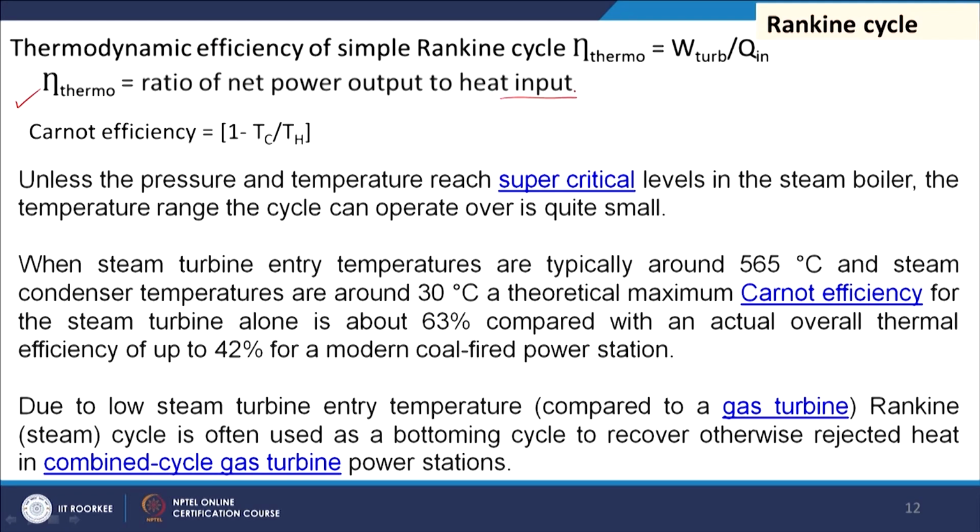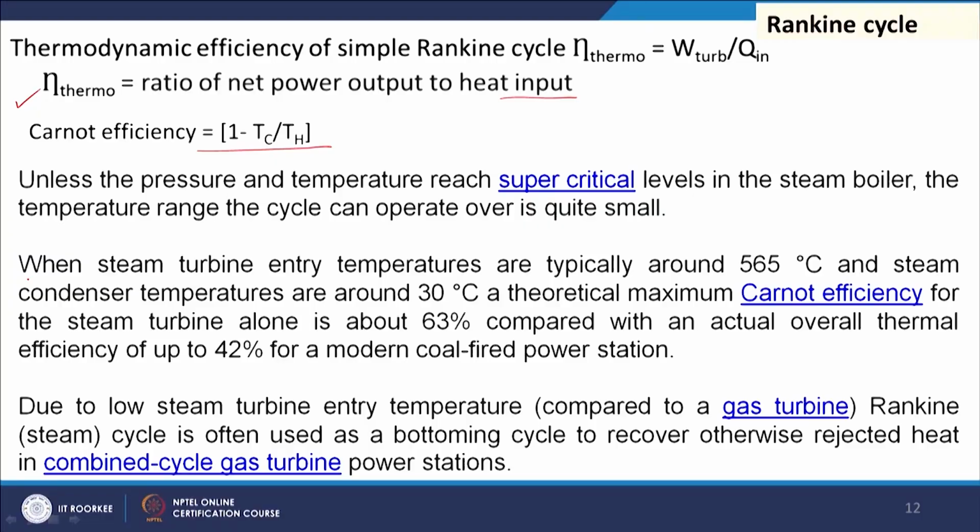Now, as per this Rankine cycle, thermodynamic efficiency is equal to the ratio of net power output to heat input, and Carnot cycle efficiency is 1 minus cold temperature by hot temperature, that is, 1 minus Tc by Th. Now, if we increase the hot temperature, then the efficiency is more, that we have discussed in the introductory module also: if we can use supercritical conditions, then we can enhance the efficiency, but how much?